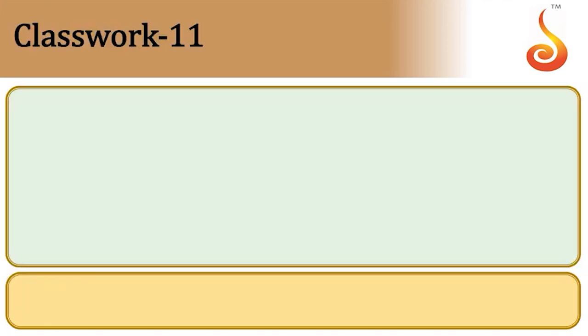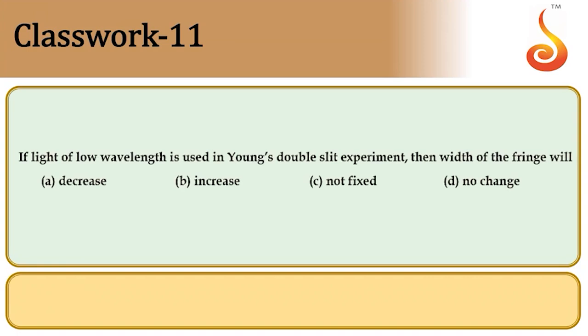A few questions based on wave optics. If light of low wavelength is used in Young's double slit experiment, then the width of the fringe will be?